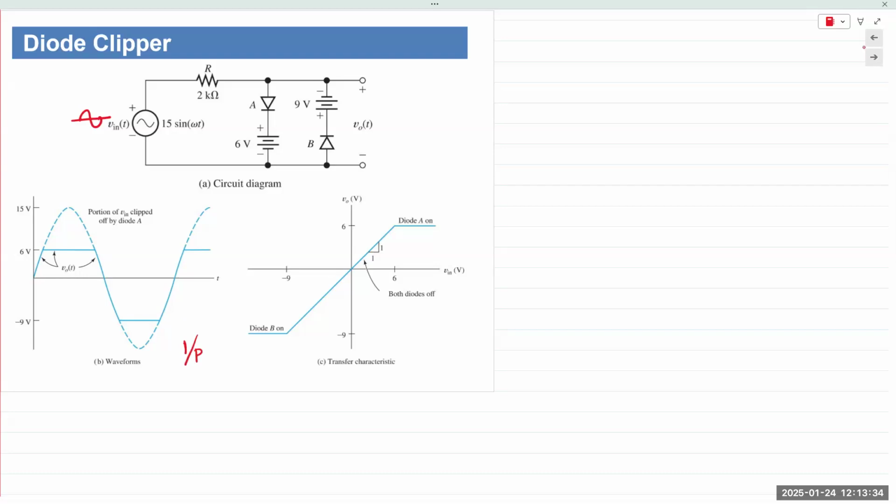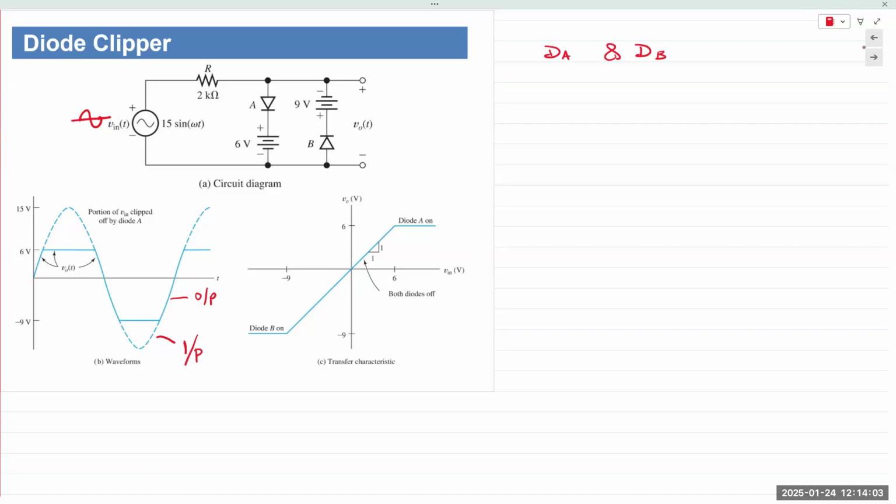So actually, this would be input, and this would be the output. If you use the ideal diode model to analyze this circuit, which is what I always prefer, I can redraw my circuit like this. So this is diode A and diode B. I'm going to call it DA and DB.